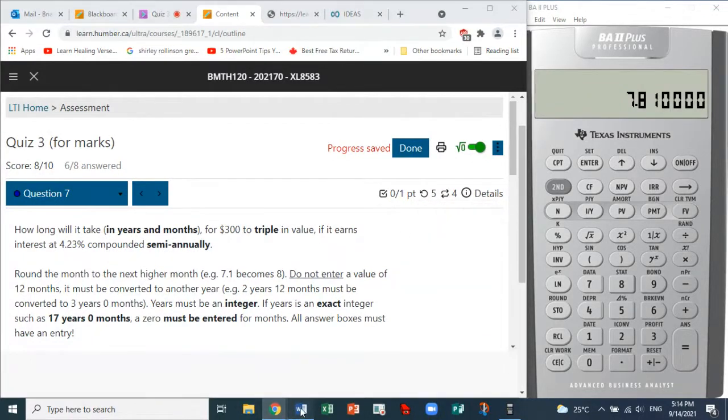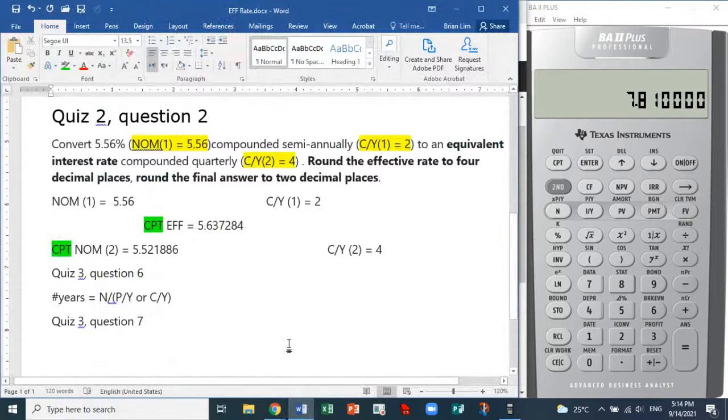All right, so $300 to triple would be equal to 300 times 3. So that would be 900. Okay, so this 900 here is actually what? Yeah, that's the future value. So the future value is 900.